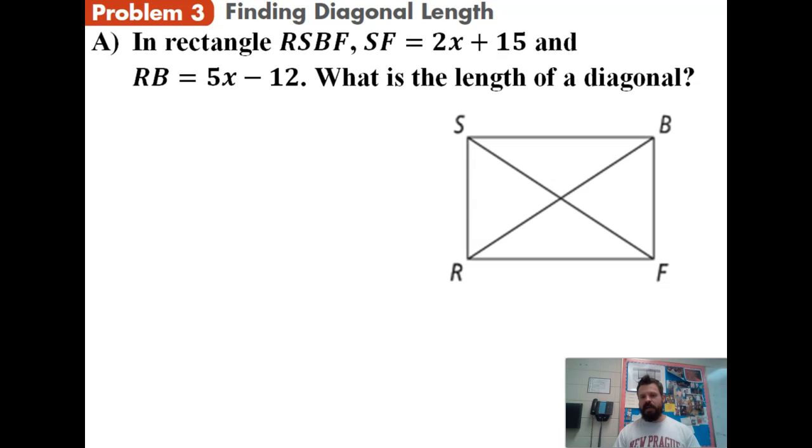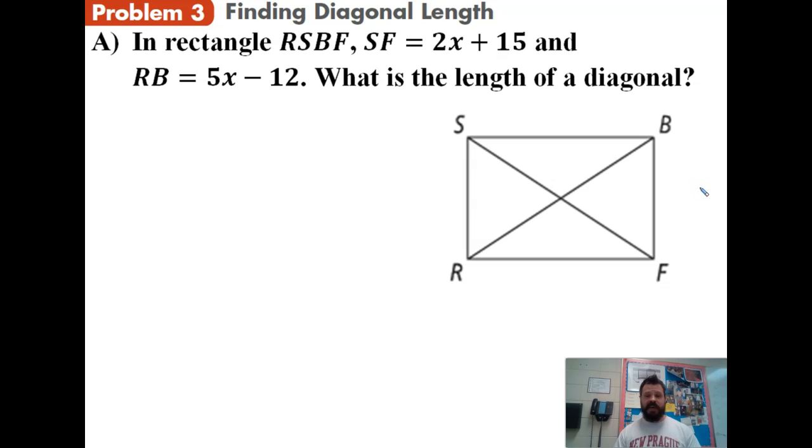All right, so let's go ahead and utilize that property here. Problem 3 part A says in rectangle RSBF, SF, so one of my diagonals, equals 2x plus 15, and RB, the other diagonal, is 5x minus 12. We want to know the length of a diagonal.